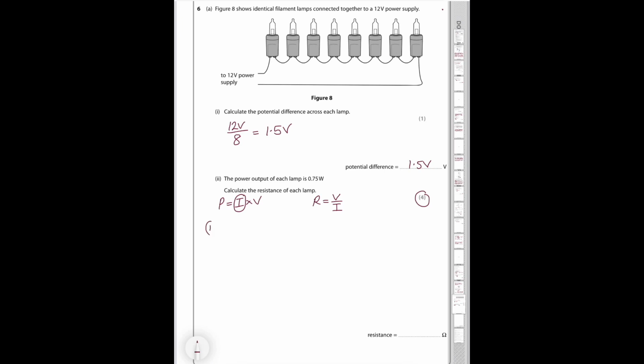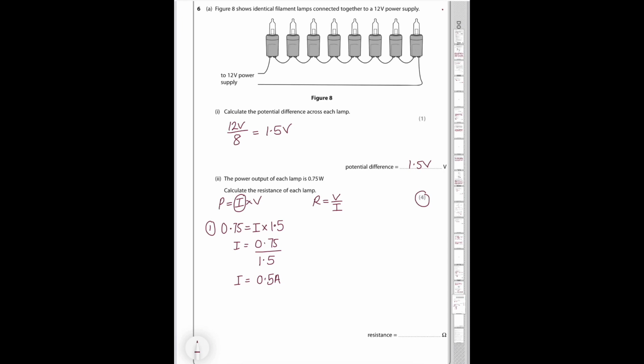So using our first equation, 0.75 watts is current times voltage, which we worked out in the last question was 1.5. That means our current, therefore, is going to be 0.75 divided by 1.5. And if we work that out, our current works out to be 0.5 amps.